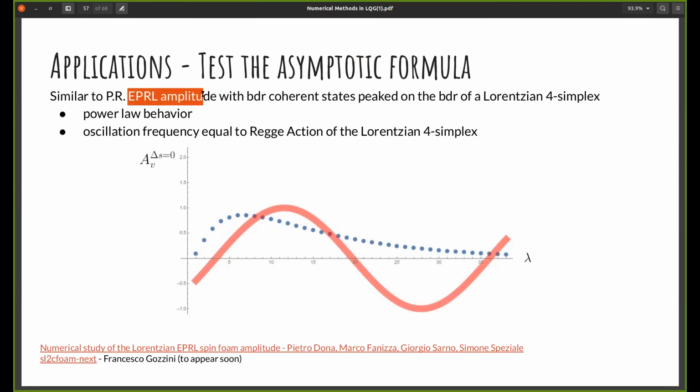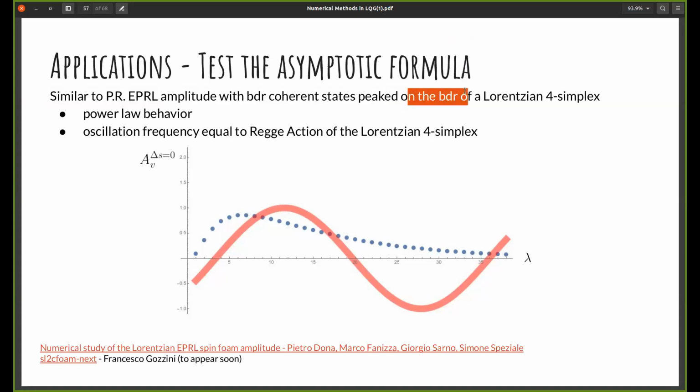If you take the EPRL amplitude and you put boundary states that are coherent states, because just putting normal intertwiners is not enough to describe a geometrical three-dimensional tetrahedron, you need coherent states to do that. And that's part of the slide I skipped, unfortunately.